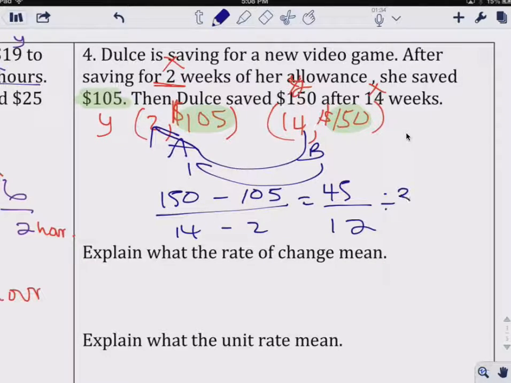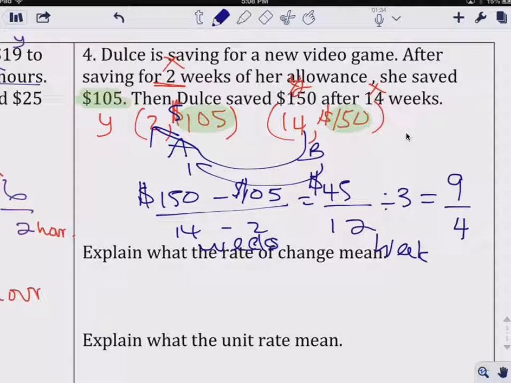Reduce, divide by 3, 9 over 4. Okay, explain what it means. Well, 105 and 150 are dollar amounts, 2 and 14 are weeks. So this is $9 for every 4 weeks.